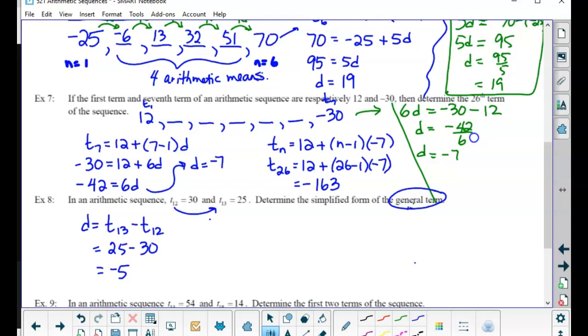So I'm going to use T12. T12 is the first term, T1, plus 12 minus 1 times the common difference. Now I'm going to put 30 in there. And you'll notice that's 11 times negative 5, which is negative 55. You can solve for T1.